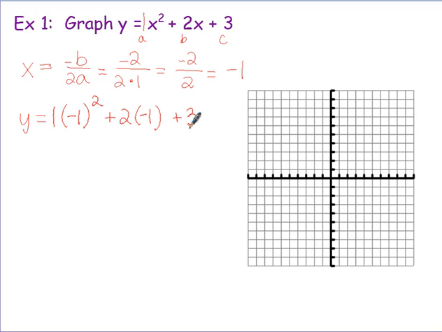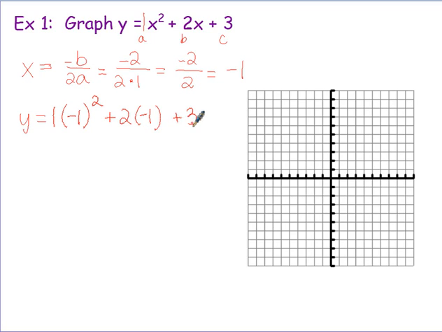At this point, don't make a bunch of mistakes and try and do too much. Your calculator will do everything for you. Pick up your calculators and type in 1, parentheses, negative 1, close parentheses, hit the squared button, plus 2, parentheses, negative 1, close parentheses, plus 3.